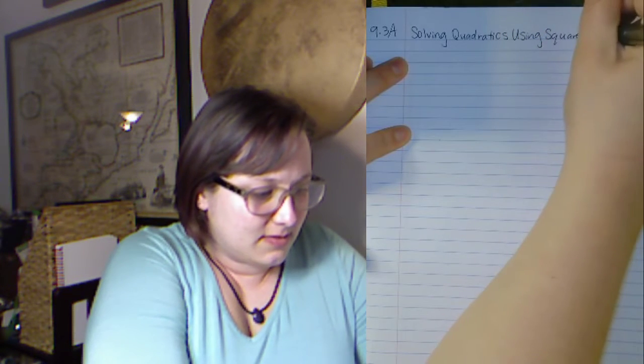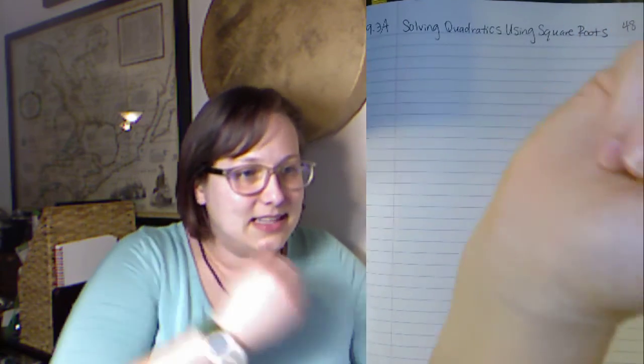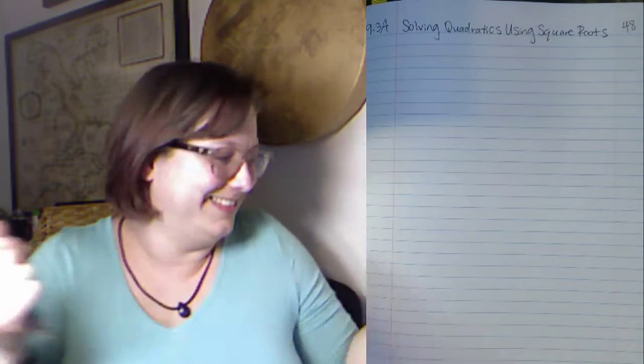I'm going to have my notebook ready for notes. Okay, so here is 9.3 part A, which is solving quadratics using square roots. And if this still means anything, I'm on page 48.